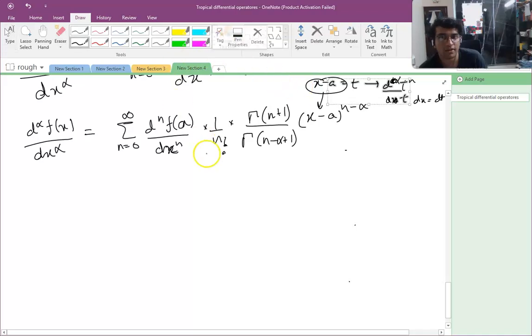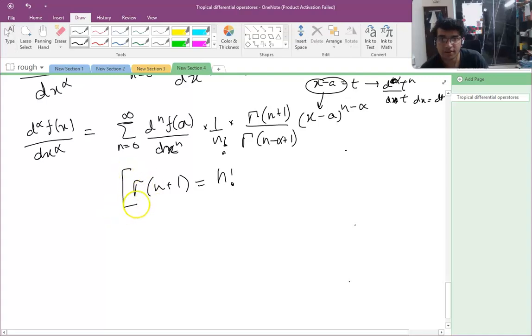We know that gamma of n plus 1 is equal to n factorial, so our term gets very simple.